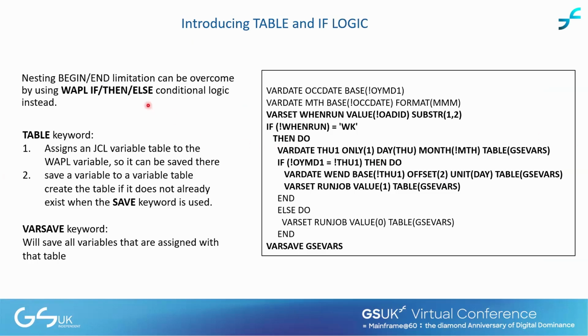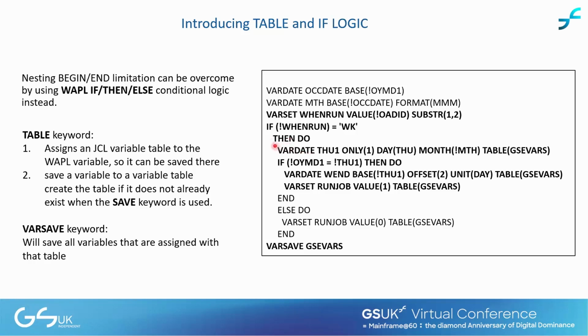This example shows us the next big advantage of the WAPL, and this is the use of the begin and end, and the use of the if, else if, then, else statements. Those statements are used to overcome another limitation of the JCL directives, and this is the nesting of the begin and end statements.